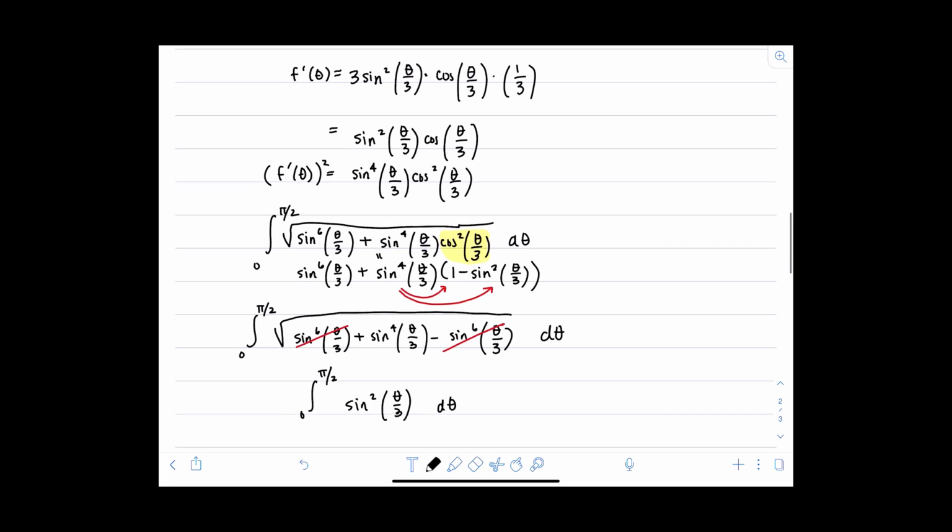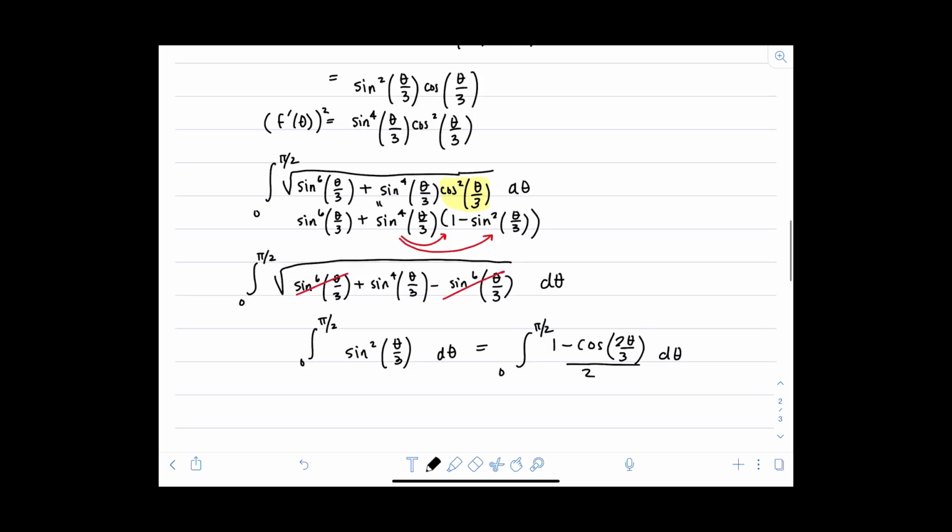Okay, so let's use our trig identities to help us here. When we integrate sine squared, remember we want to use our half angle formula. So remember that it's 1 minus cosine of 2 times the angle that you see on the squared version, so that would be 2 theta over 3, and this is all over 2. And we're going 0 to pi halves.